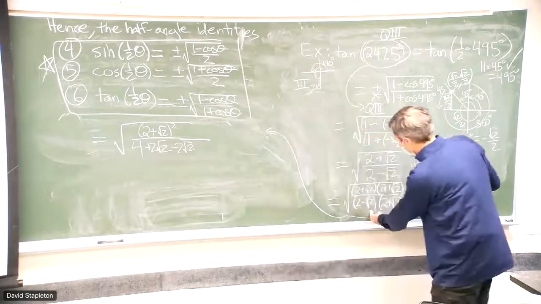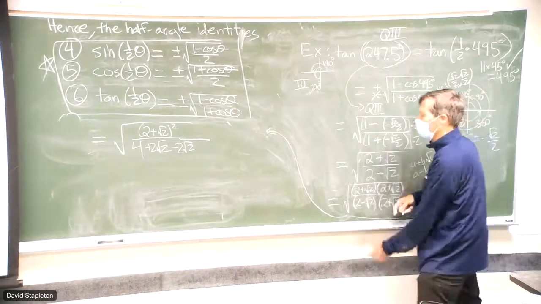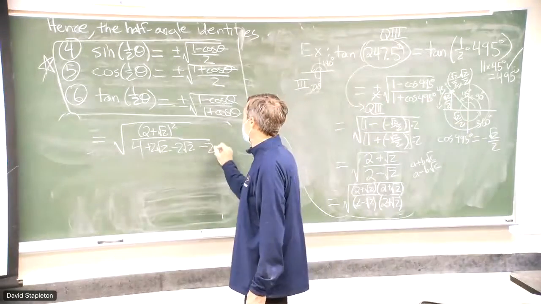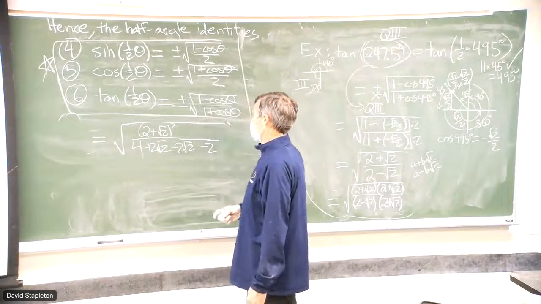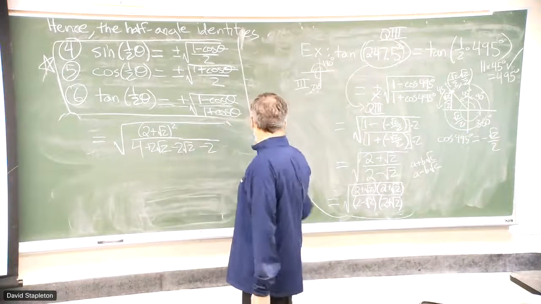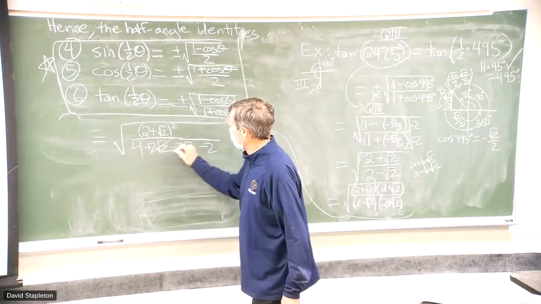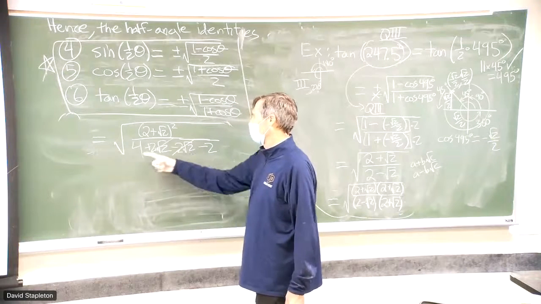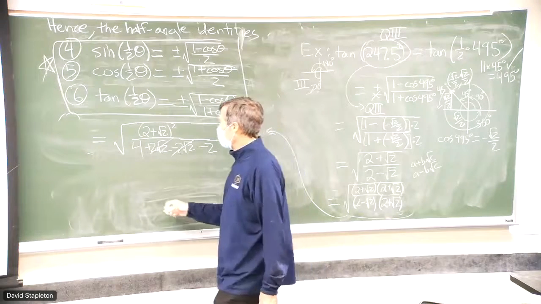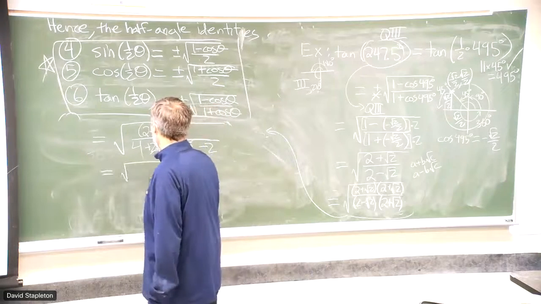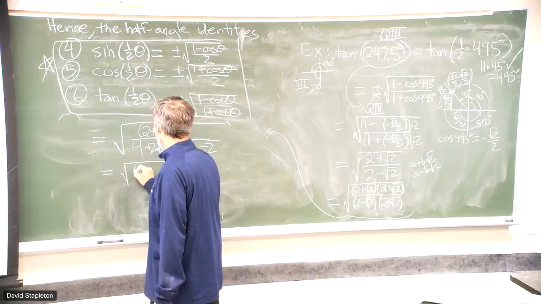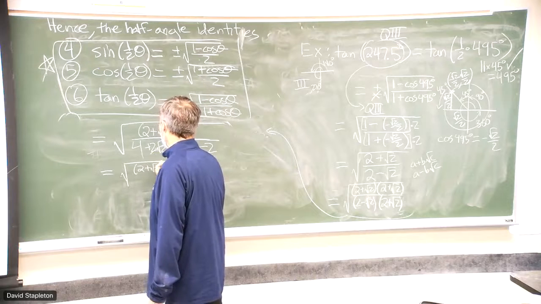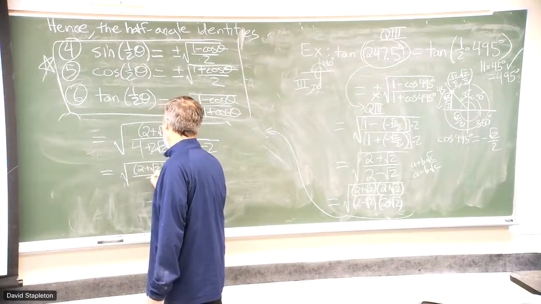And last, minus square root 2 times plus square root 2 is minus 2. There it is. And if you did this right, if you multiply top and bottom by the conjugate, the square roots will go away. In fact, you don't have to write those if you want. You just write 4 minus 2. The bottom is just reduced to 2. So this is the square root of 2 plus square root 2 squared all over 2.